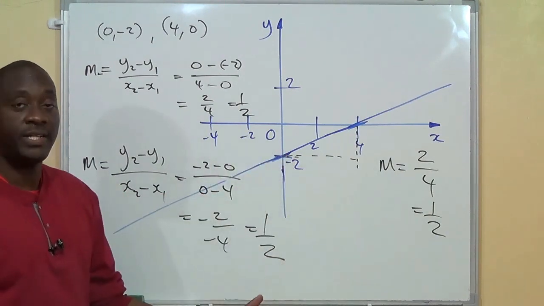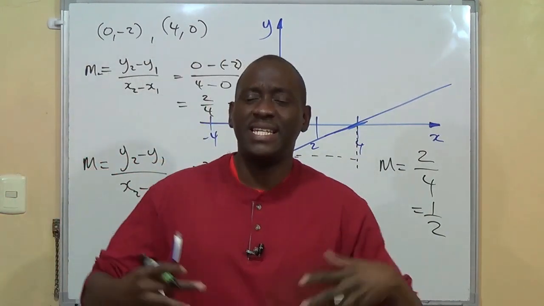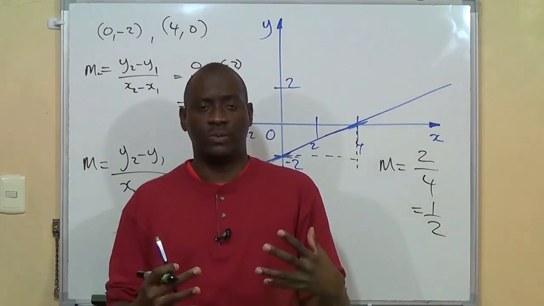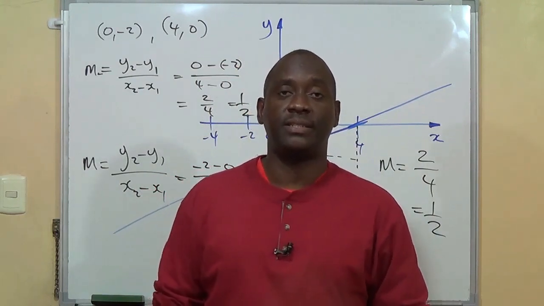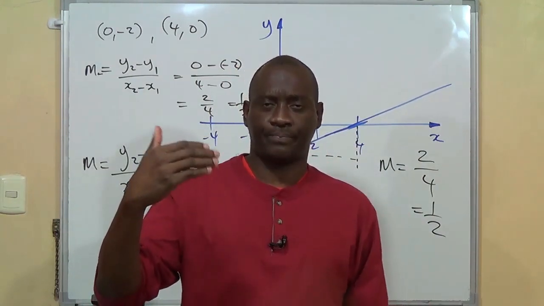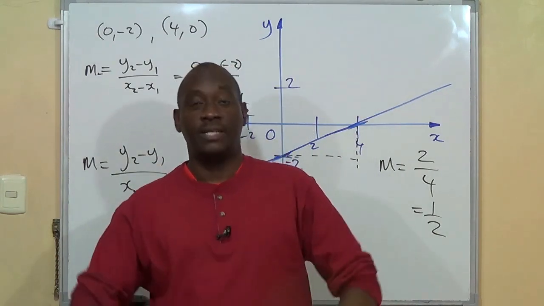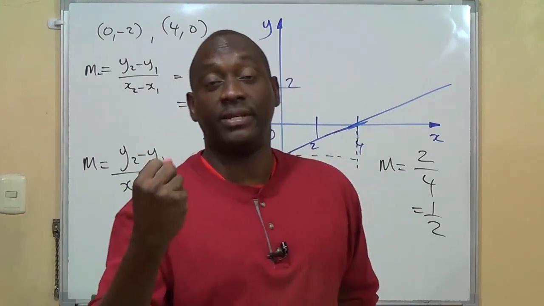So if you have a straight line and you have the gradient and you have the y-intercept, then the easiest thing to do is to express the equation in the form y is equal to mx plus c. In other words, you don't want to go using the formula y minus y1 is equal to m times x minus x1 if you have the gradient and the y-intercept.